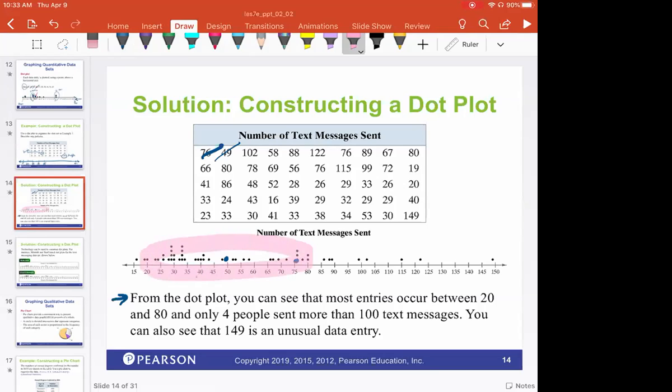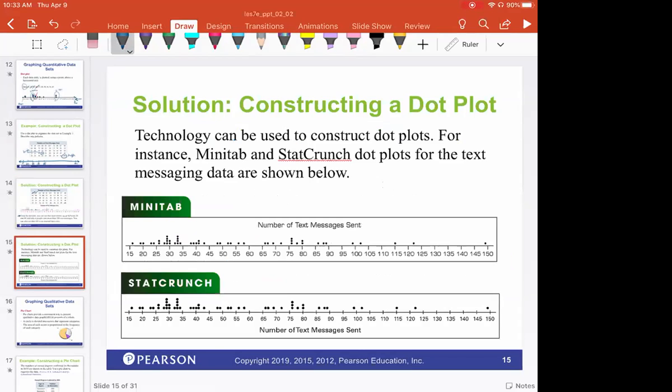That's what most of our data is. And our last number, 149, that was weird, right? There must be something funny with our data entry. Or maybe they just asked a bunch of adults and one teenager. Okay, you can also do this with technology, but we're going to skip that for now.